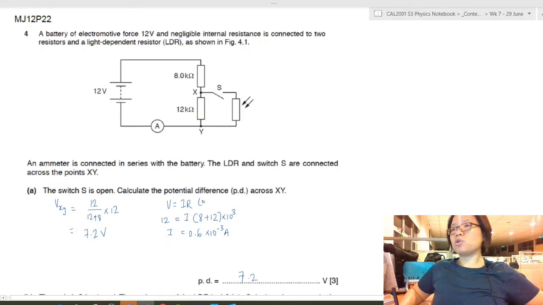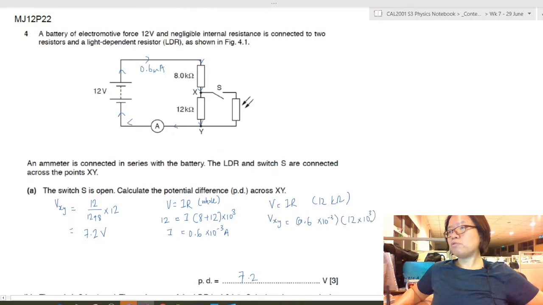So this is on the whole circuit. Once I know the current flowing through the circuit, I can use V is equal to IR again, through the 12 kilo ohm resistor. So Vxy will be 0.6 times 10 to the power of -3, and the resistance is 12K times 10 to the power of 3. So 0.6 times 12, this would be 7.2 volt.